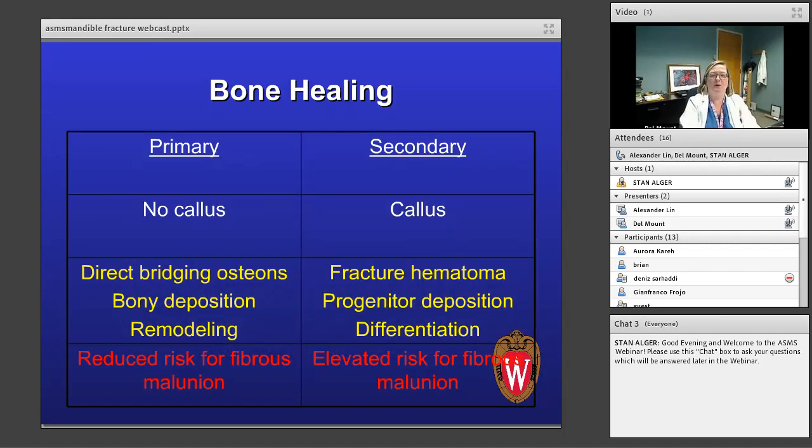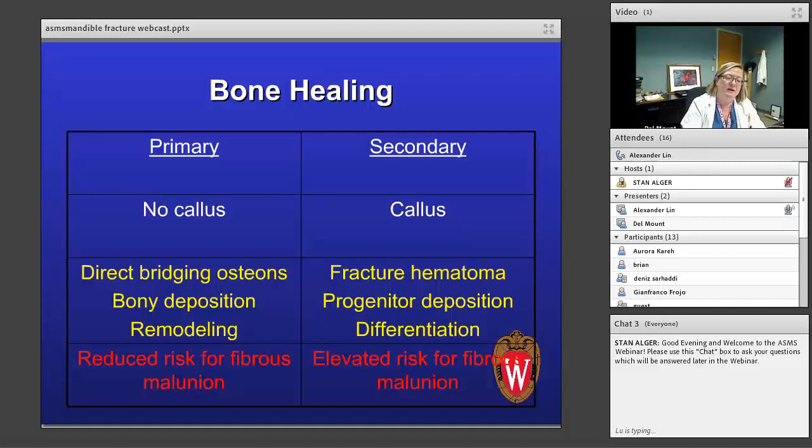So let's talk a little bit about bone healing. There's primary bone healing and secondary bone healing. Primary is the good kind. That's the kind that we strive for with every mandibular reduction. There's really no callus, which is basically fibrotic, osteofibrotic tissue.